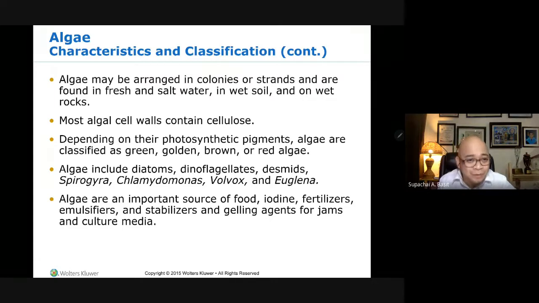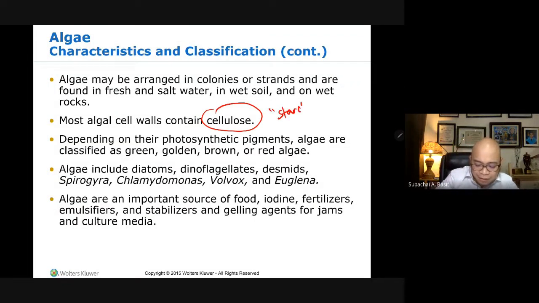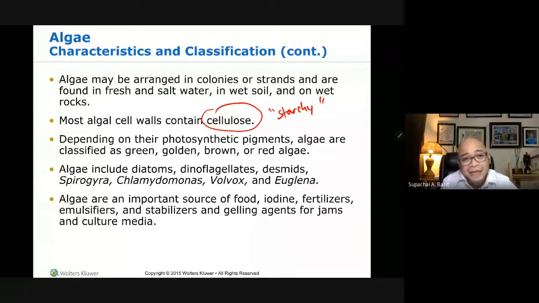Most algal cell walls contain cellulose, and cellulose makes it starchy. That is the reason why we use seaweeds, for example, as the base component of agar. Depending on their photosynthetic pigments, algae are classified as green, golden brown, or red algae.